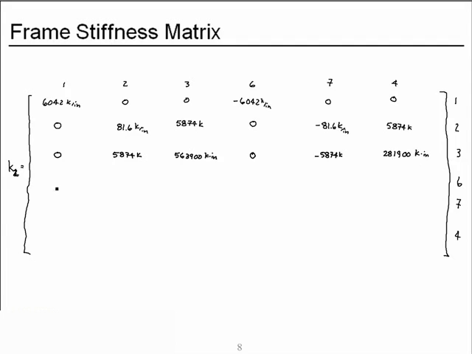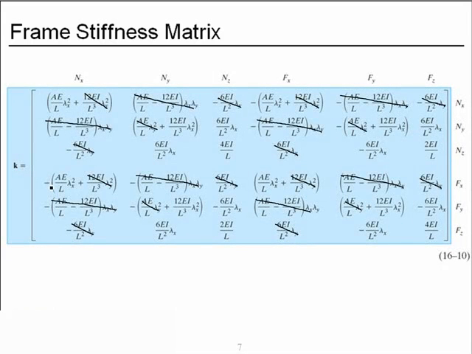Now row 4. Again, row 4 is identical to row 1, but all signs reversed. And row 5 is identical to row 2, but all signs reversed.